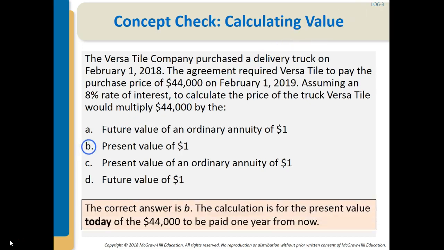The correct answer is the present value, because the calculation is for the present value today of the $44,000 to be paid 1 year from now.